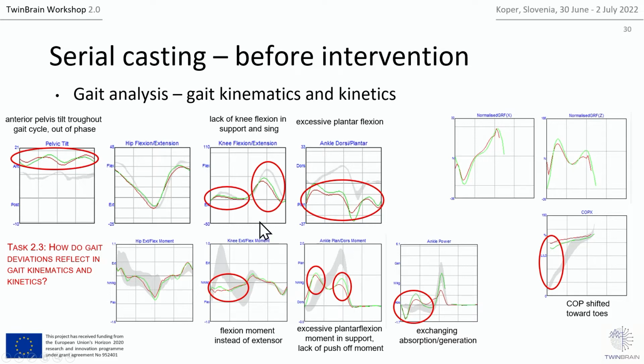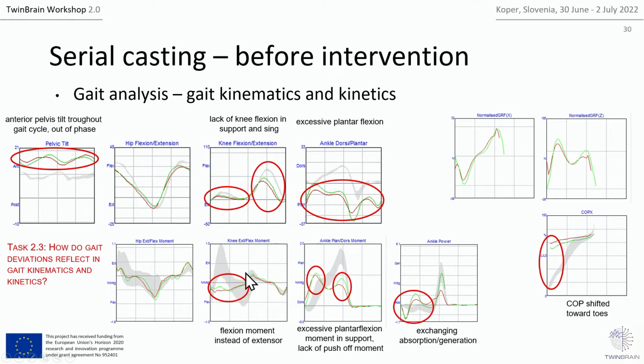And because we have a plantar flexor moment and the movement in the dorsiflexor direction, we get this exchange in the energy absorption here, the first peak in the negative direction, and the power generation, the second peak, when the direction of movement in the ankle joint changes.